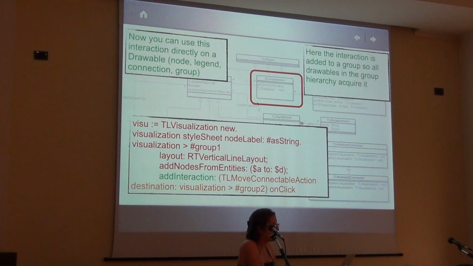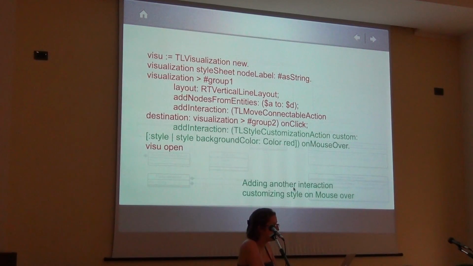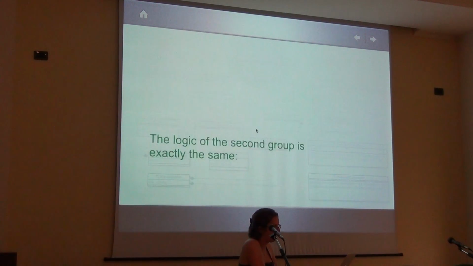And we will add an interaction also. So we add the action through an interaction like this. And here we add another interaction for the on mouse over, and that's it. It will be for the group 1, and after that we do exactly the same thing for the group 2.